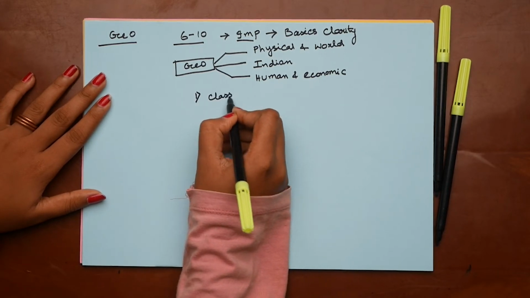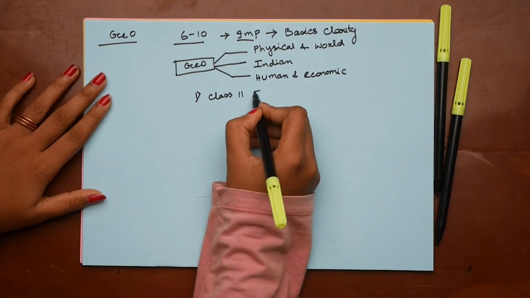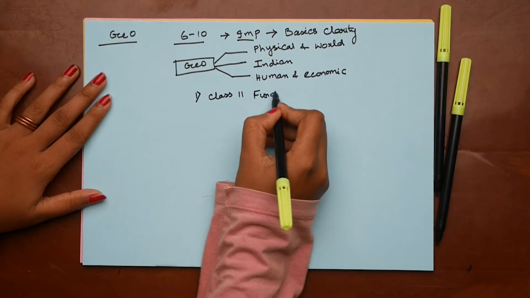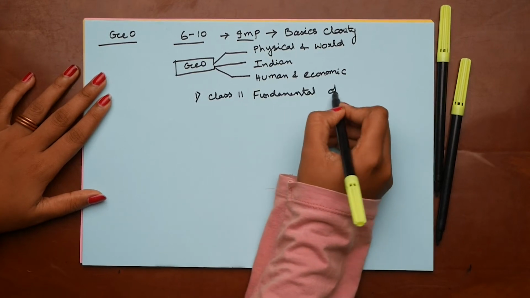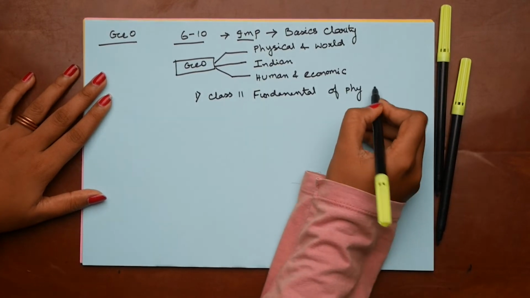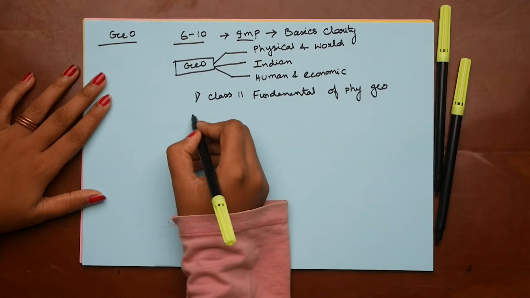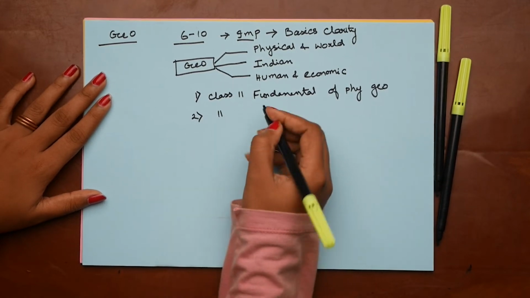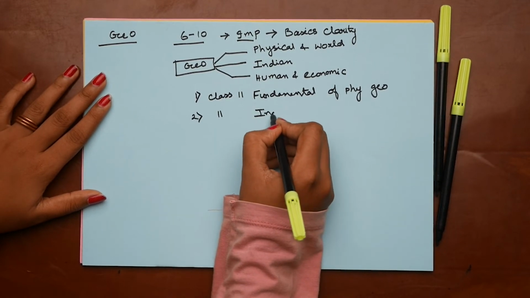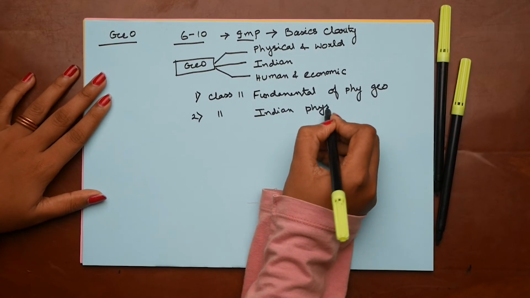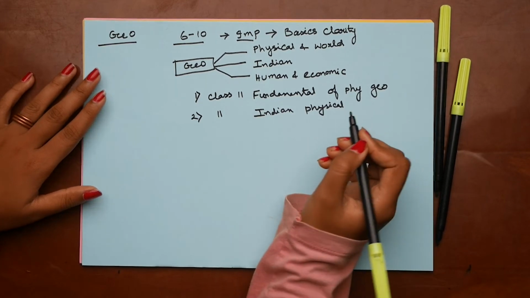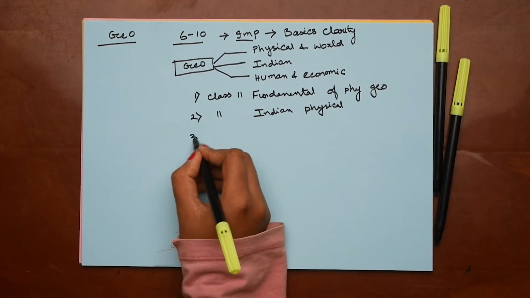Number 1, class 11, Fundamentals of Physical Geography. Number 2, again class 11, India Physical Geography. Okay.